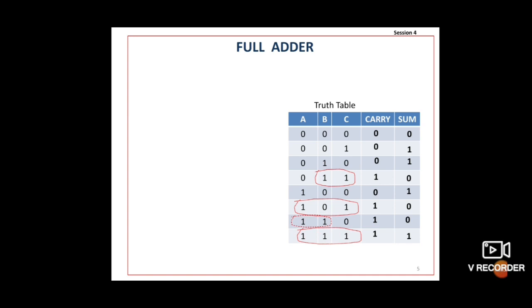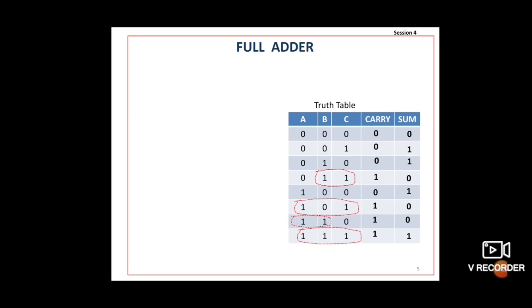Okay. So for this combination we can connect 3 AND gates, and all these AND gates connect to an OR gate. Okay. For sum, what is the Boolean equation of sum? There is a plus sign, so the addition of these AND gates connects to the OR gate.